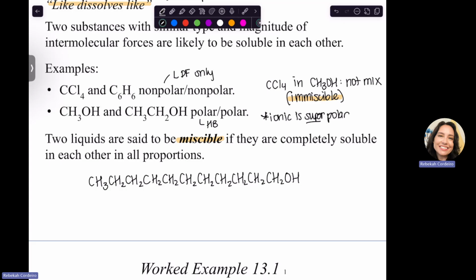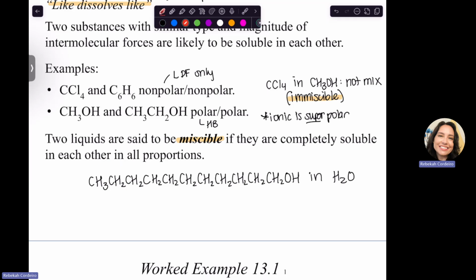You have to pick. If I had to pick, I would say polar because this side is different than this side. There's a polarity happening here. But do you think this would dissolve in water? If you were to put this in water, it's actually not going to dissolve.